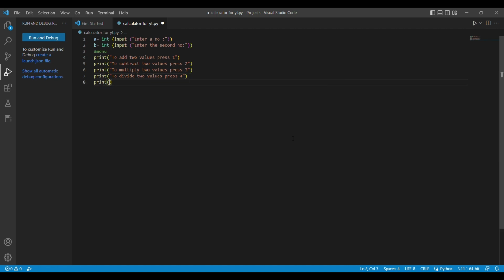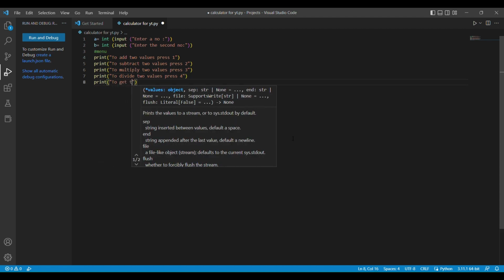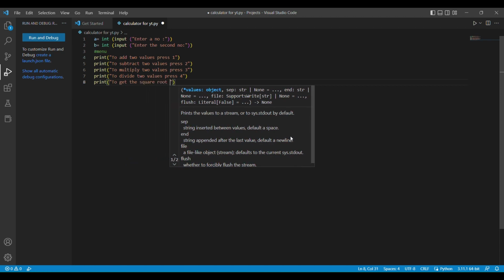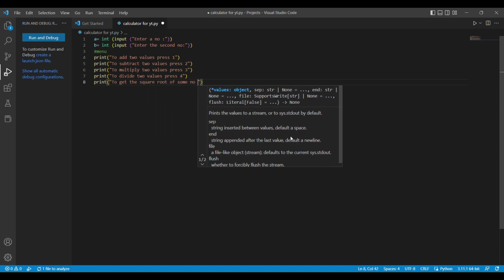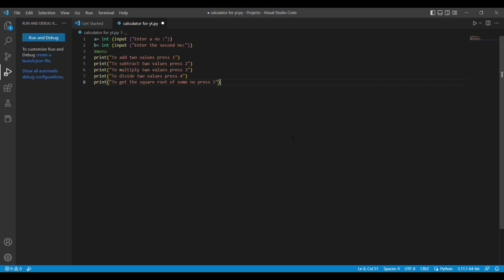The fifth one would be to get the square root of some number. Press 5. The sixth one would be to get the absolute value of some number.